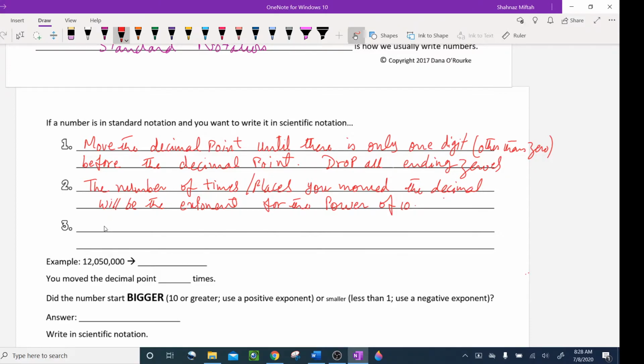Third, if the original number was 10 or greater, use a positive exponent.